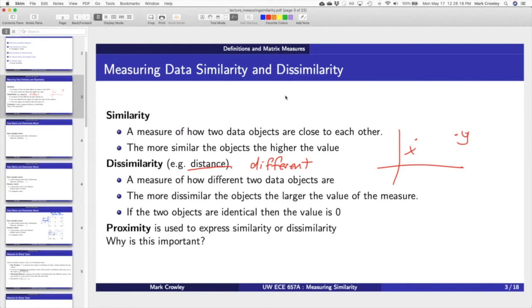You could have a table like this where if dxy is high, then you say distance, similarity.